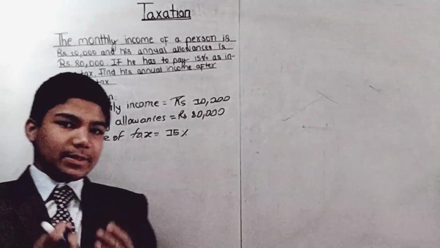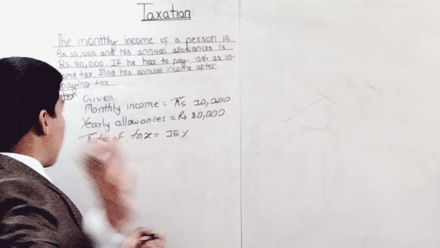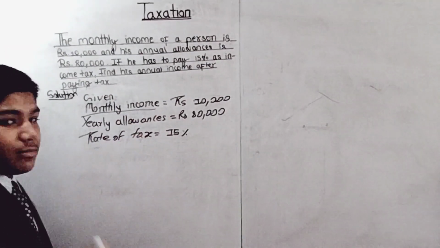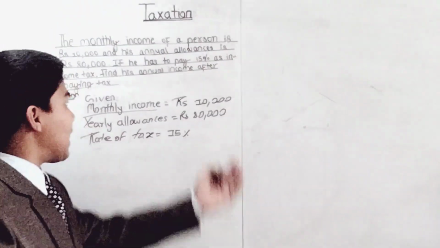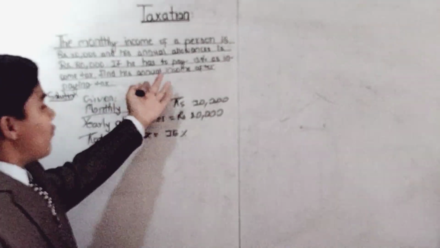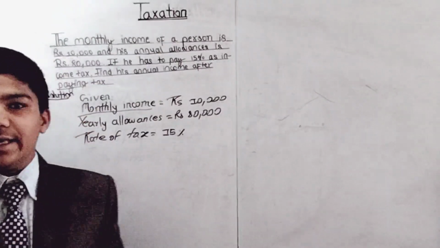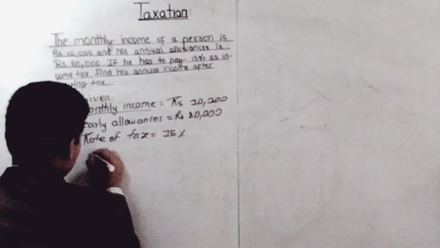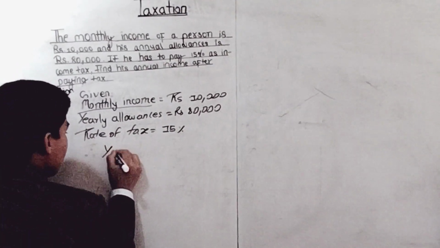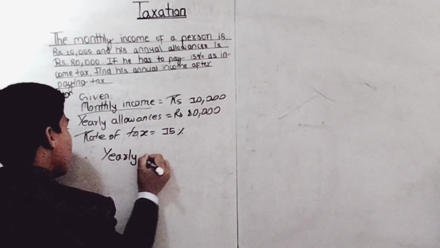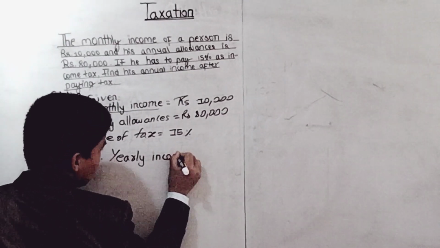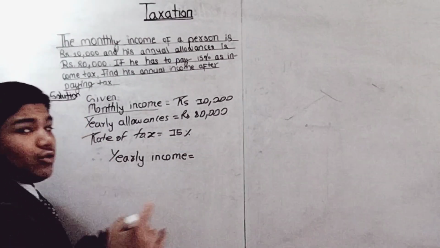Now for solving this question, first of all we have to convert this monthly income into yearly income, because at last it is told to find yearly income after paying tax. So let's find yearly income. So therefore yearly income is equal to, how to find that?